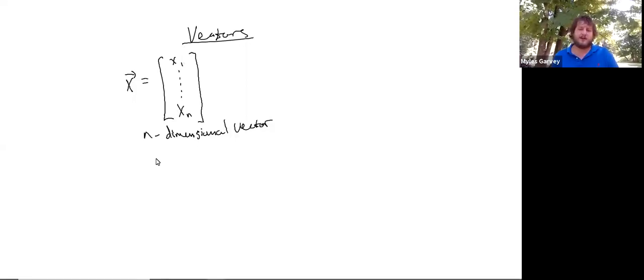And for all dimensions i from 1 to n, we assume that the numbers are in the real numbers. You can restrict this, of course, to be a smaller subset of the real numbers, but this is typically what we do. We assume that the number x comes from the real number line.